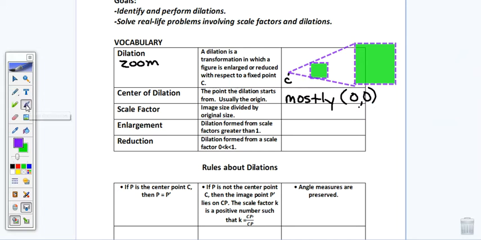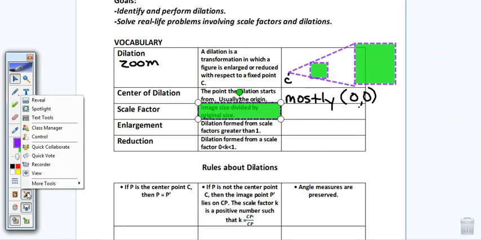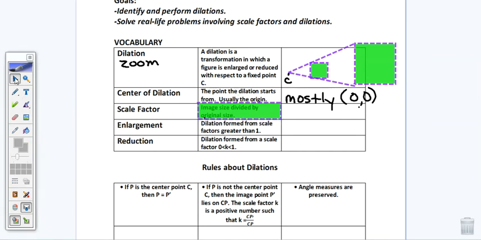I think you should highlight this. The rule for finding scale factor, and we'll look at examples, is to take an image length and divide it by what? The original size. Take the original size and divide it into the image size.